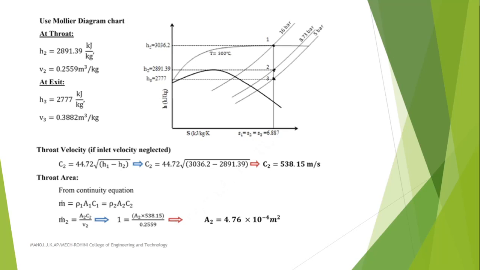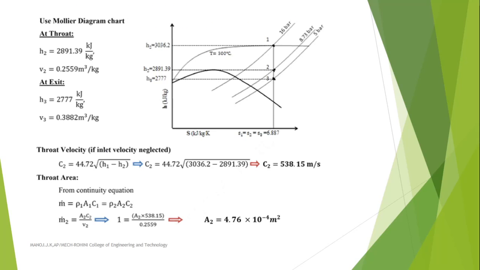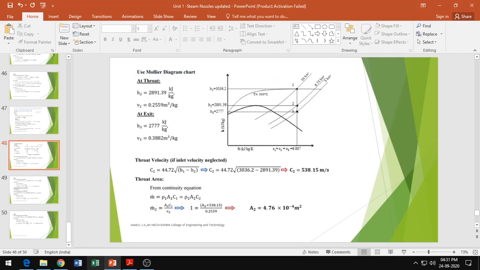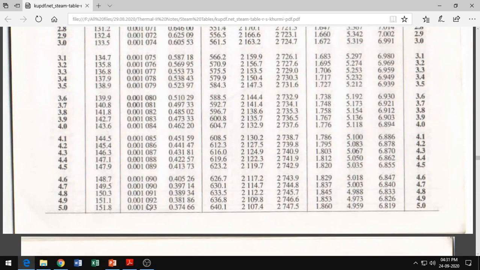Then come to the exit region. We need to follow the previous step. We have to analyze whether the steam is wet, dry or superheated. Therefore, we need to find the value of X3, following the same procedure as at the throat. S3 is equal to SF3 plus X3 into SFG3 from the steam table. The exit pressure P3 is given, so go to the steam table. For 5 bar pressure, take all the values.